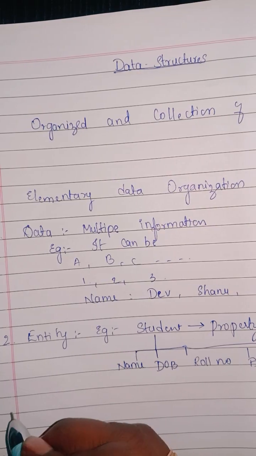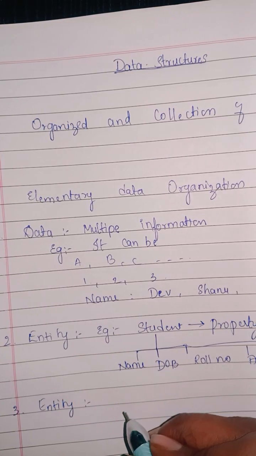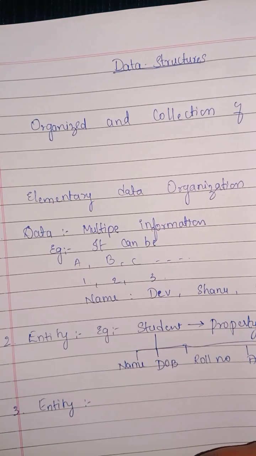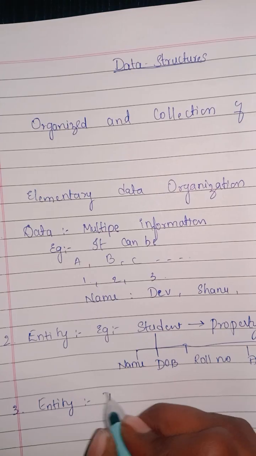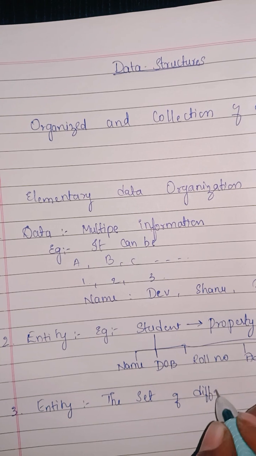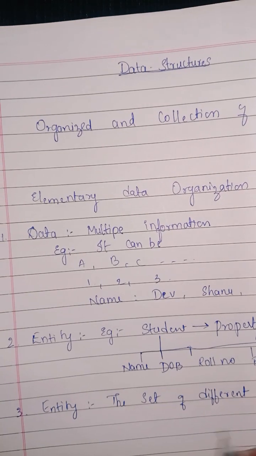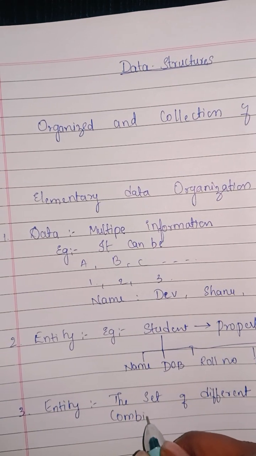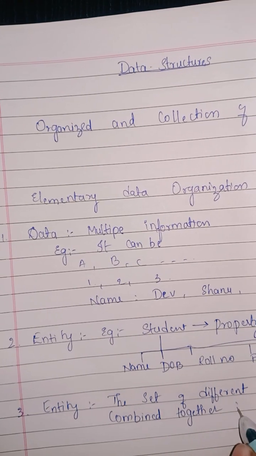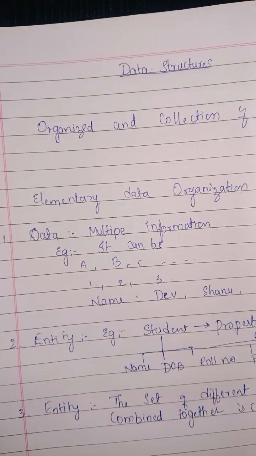Next we move on with the entity set. Entity set: the set of different entities combined together is called the entity set.